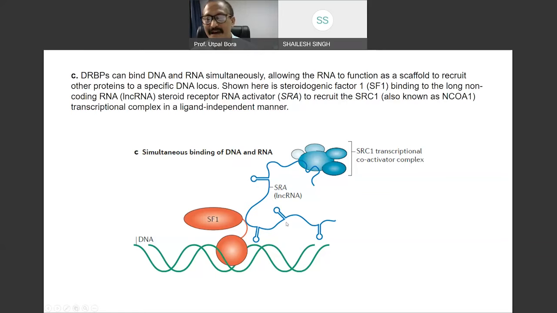You can see this RNA with the many hairpin motifs, steroid receptor RNA activator SRA, to recruit the SRC1 transcriptional complex in a ligand-dependent manner. So all these players are required, and then these will start the transcription.